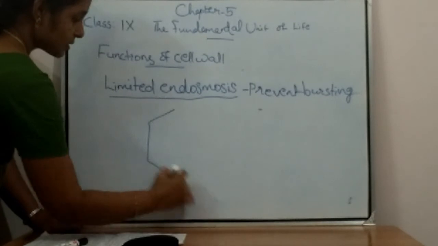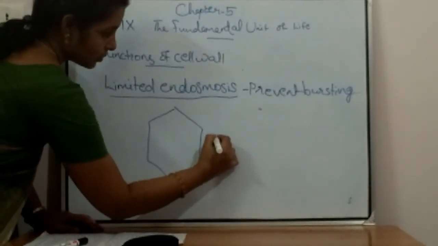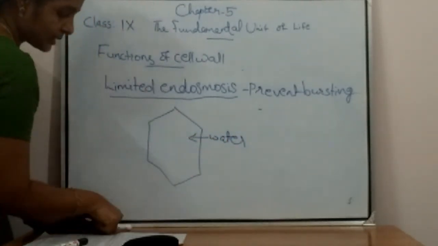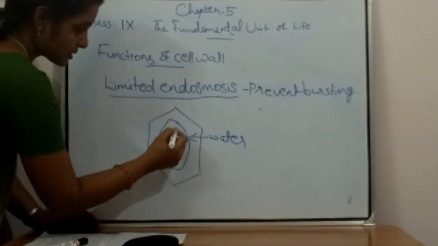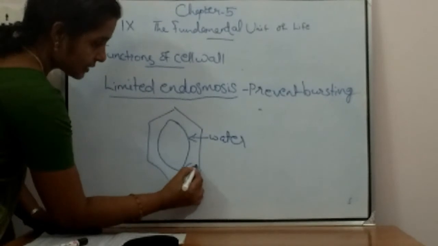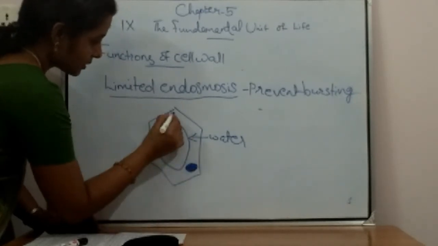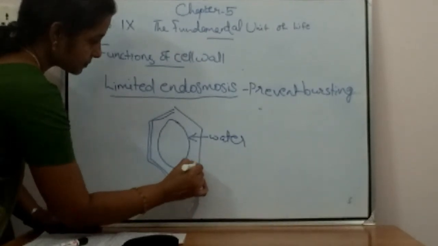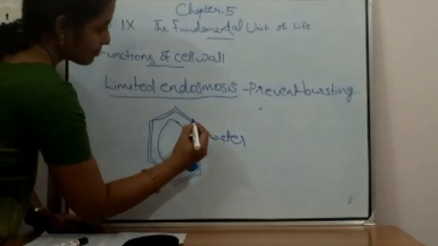You know, suppose this one is a cell, and when water molecules enter into the cell, inside the cell there is a large vacuole in the plant cell, so here is a large vacuole, and here is a nucleus. Then here is the plasma membrane.